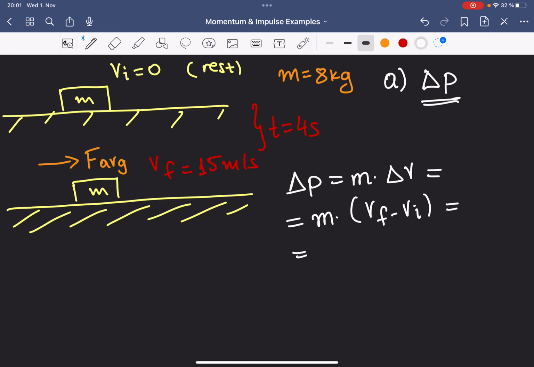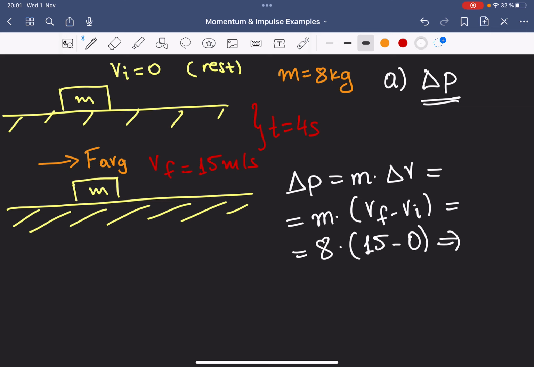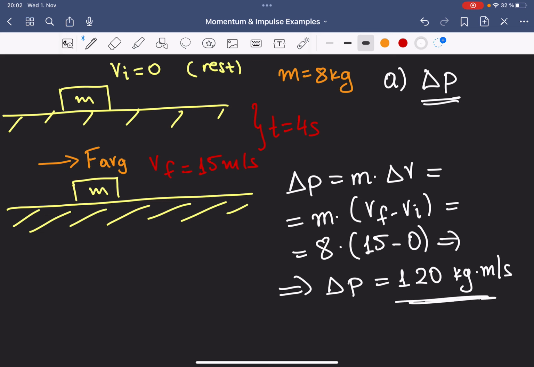Let me proceed with some number substitutions. The m is 8 kilograms. The final velocity is going to be 15 minus 0. And this will give us a change in momentum of 120 kilograms meters per second, and that's the change in momentum. So the object is being accelerated to the right.